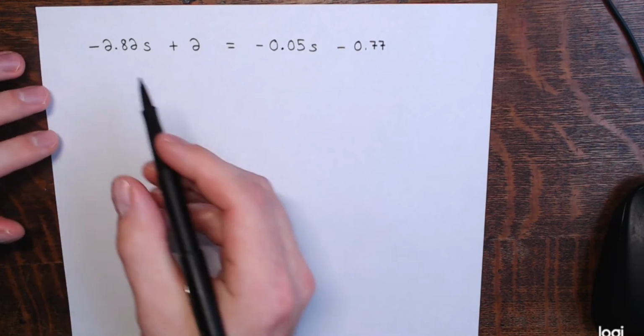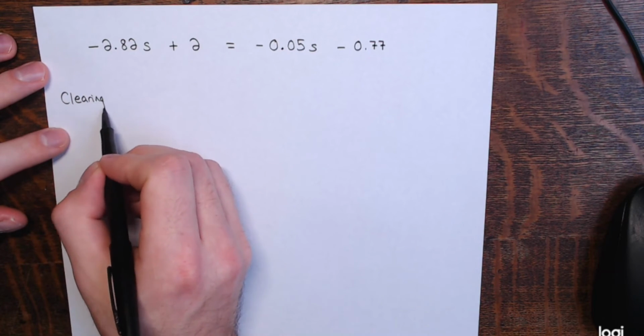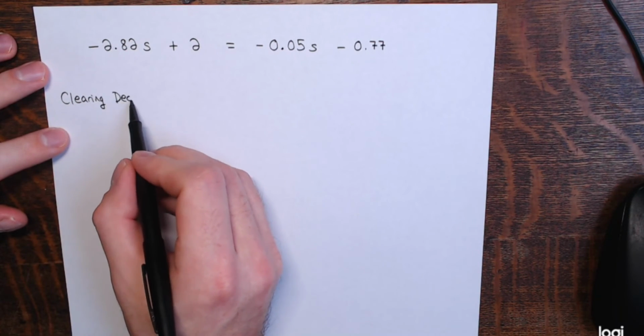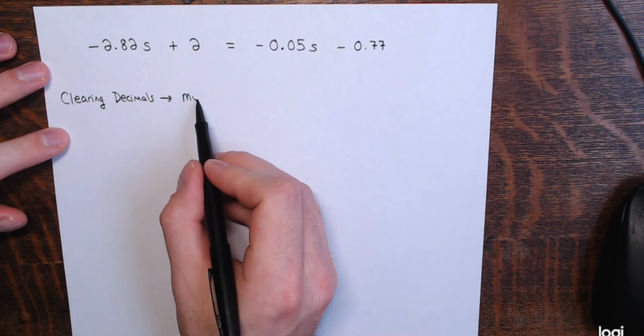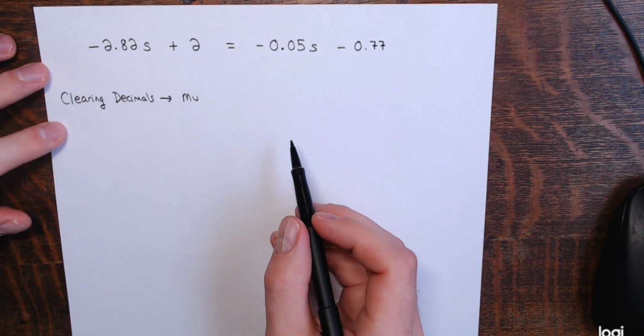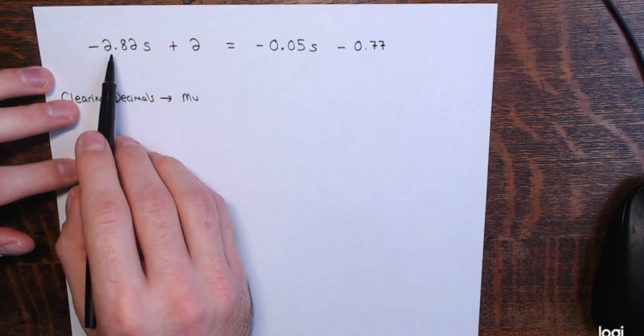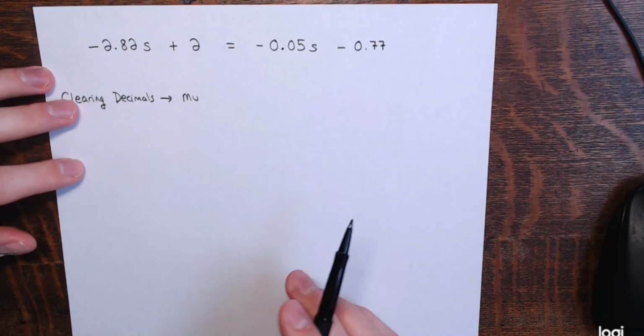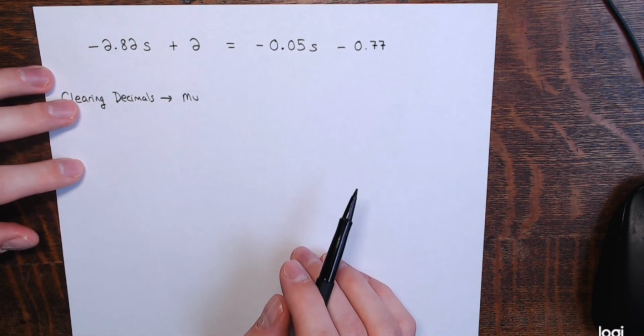Right, so when they talk about clearing decimals, it means you're going to be multiplying both sides, every single term, by some power of 10 in order to move all the decimal points to the right, enough places so that there will be nothing but integers as coefficients.